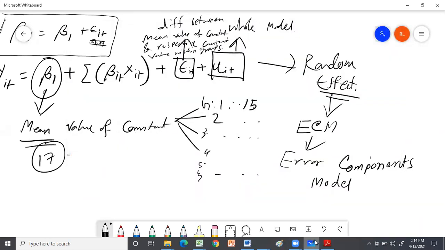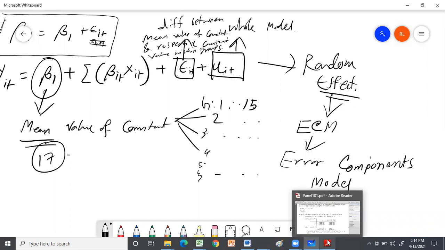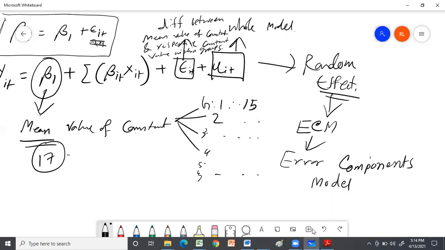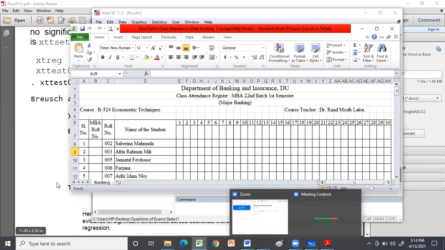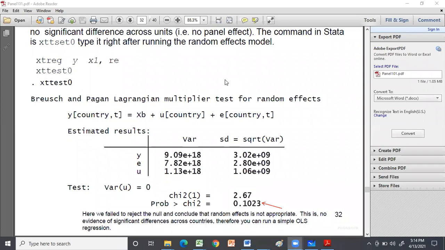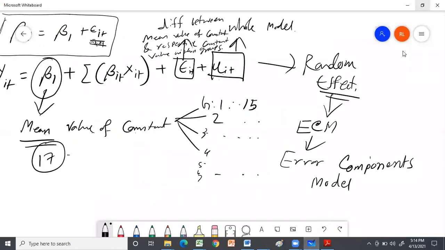I am keeping it open for 5 minutes. Just type your ID and send it. If you have put down your ID, just leave the meeting.